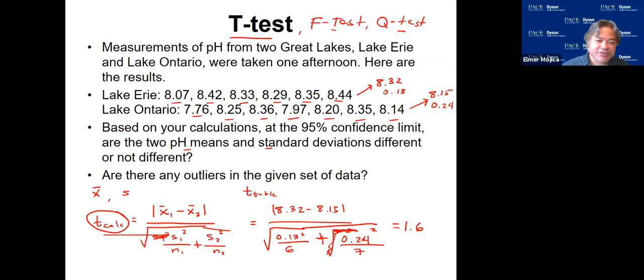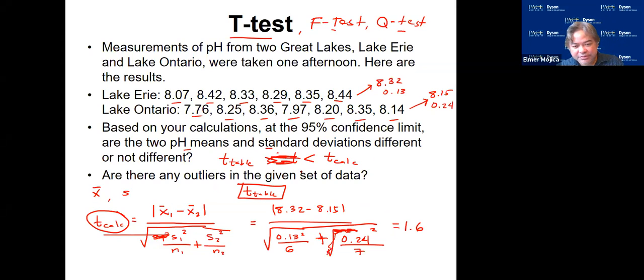Now, how are we going to look at the t-table? How do we say they're going to be different or the same? If the t-table value is less than the t-calculated, then that is significantly different.